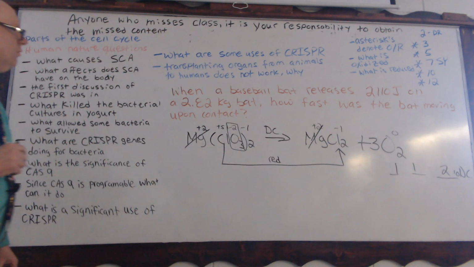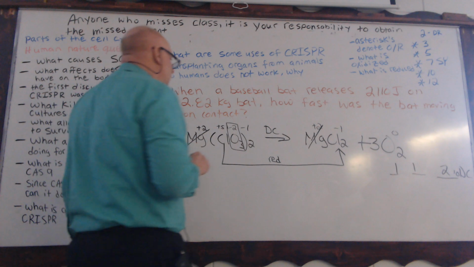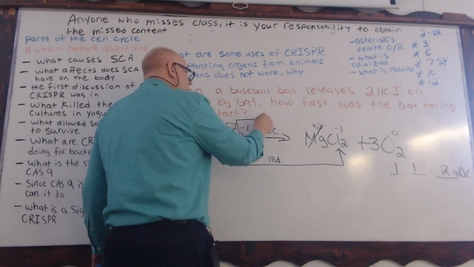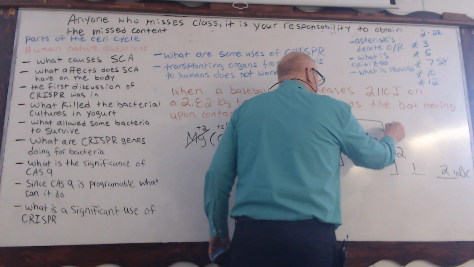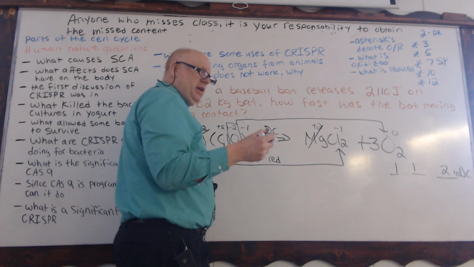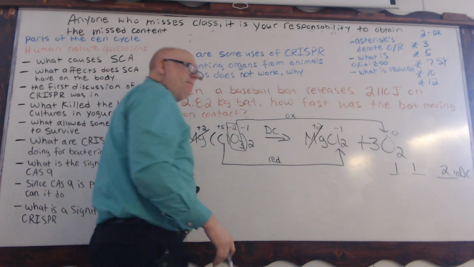Then, what happened to our oxygen? It oxidized. Okay? That went from a -2. So, is this number getting bigger? Yeah. So then, when you say oxidizing, that would be correct. Okay.